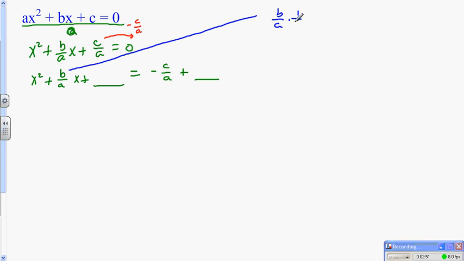If you remember, when we have a fraction, we take it times a half, which is the same as dividing by 2, and we square it. Well, b times 1 is b, a times 2 is 2a, and we square. Again, this is a b, not a 6. When we square it, we distribute the power, and we get b squared all over 4a squared. Every piece has to be squared. So that is what we will put to complete the square.